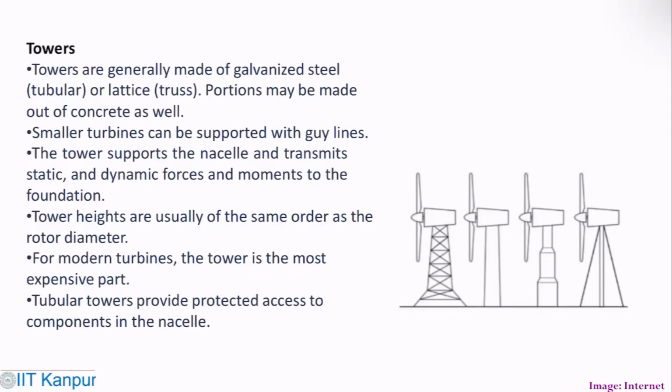So they are made of steel, or the truss portion may be made of concrete as well. The tower supports the nacelle and transmits static and dynamic forces and moments to the foundation. Its height is usually of the same order as the rotor diameter, or rather slightly higher than the rotor diameter, because in more modern turbines, the tower is the most expensive part.